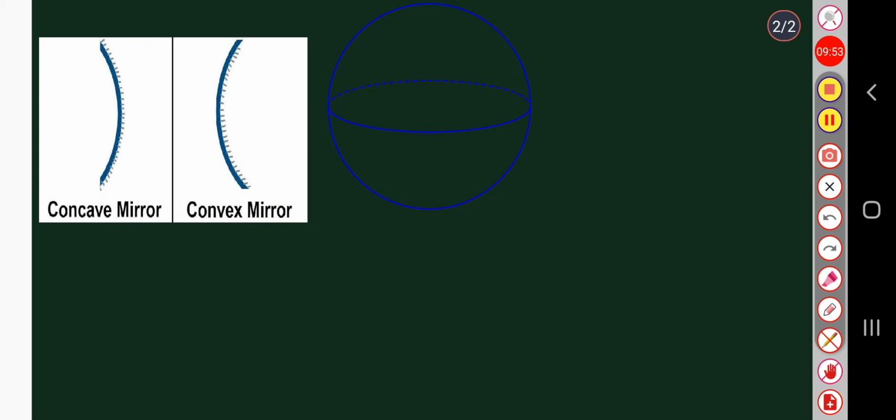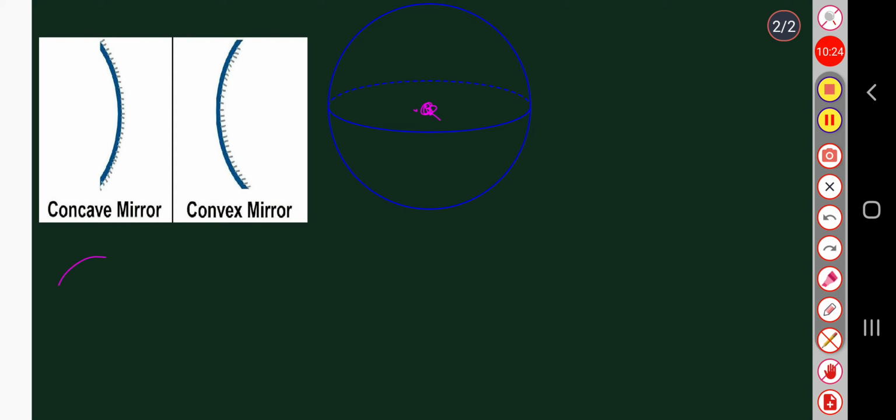Children, what I told is that a convex mirror or a concave mirror is part of a sphere. Let us now imagine the center of the sphere. This is the center of the sphere. The center of the sphere can be called the center of curvature of the curved surface, a spherical surface.